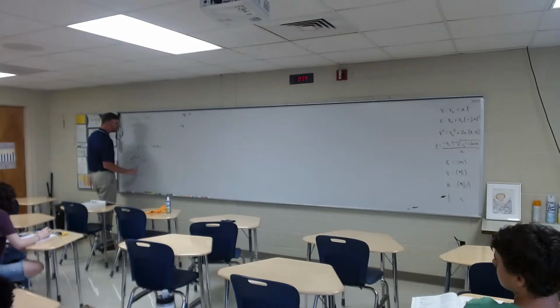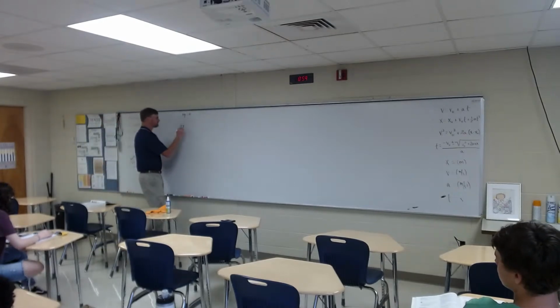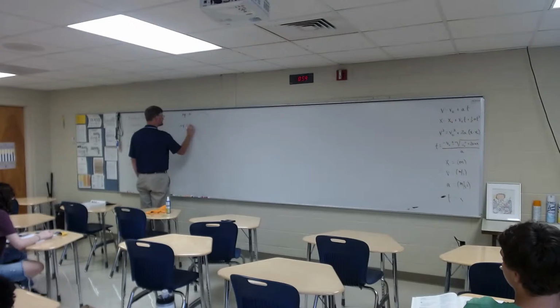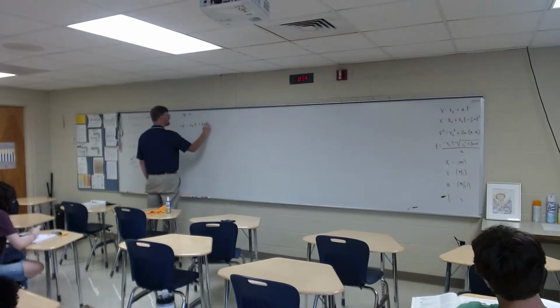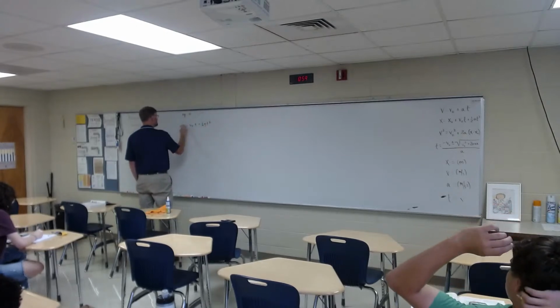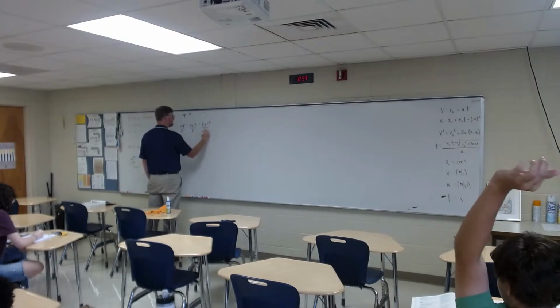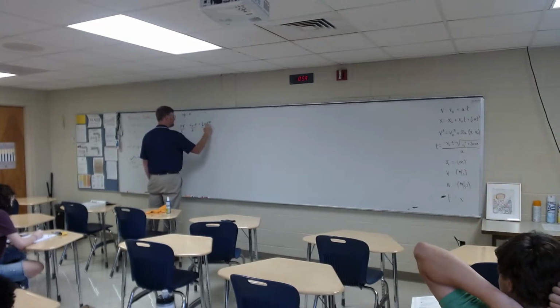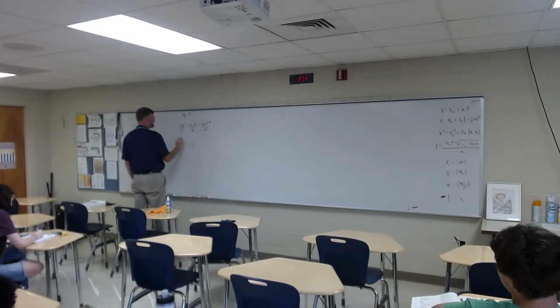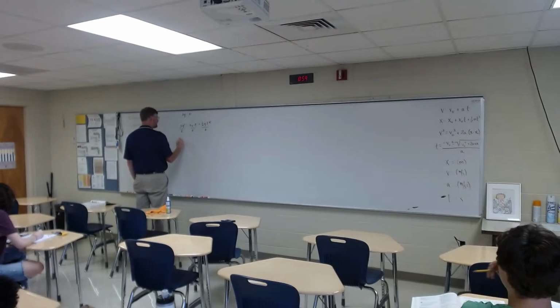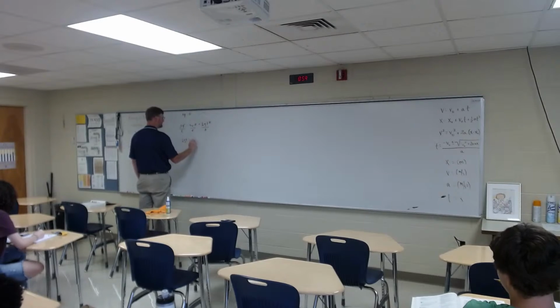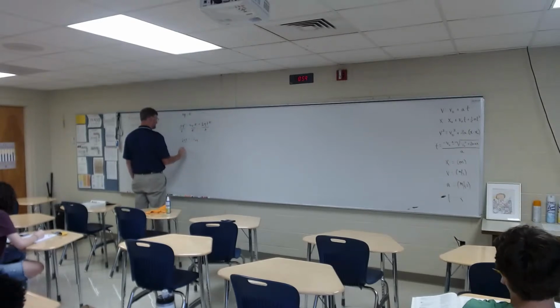Okay. All right, so delta y is initial velocity in the y direction times the time plus half g times time squared. That's 0. So we can divide everything by t. Same thing we just did a minute ago, right? So we're going to end up with half of gt equals negative initial velocity in y.